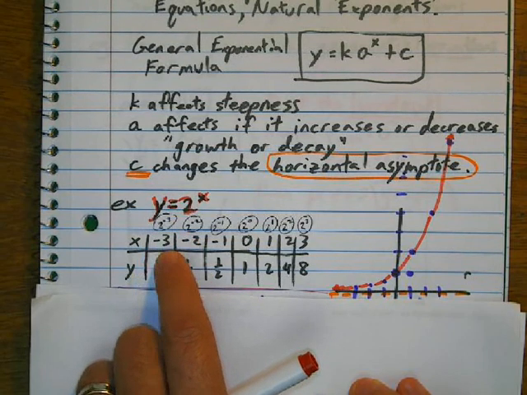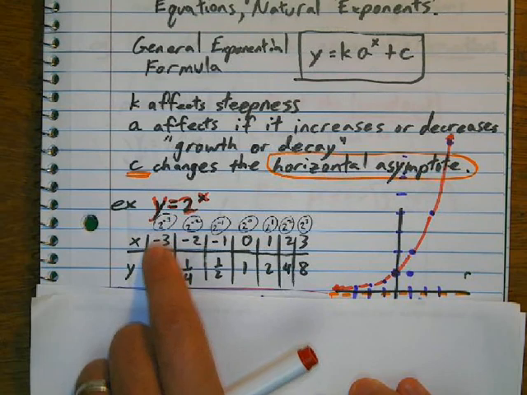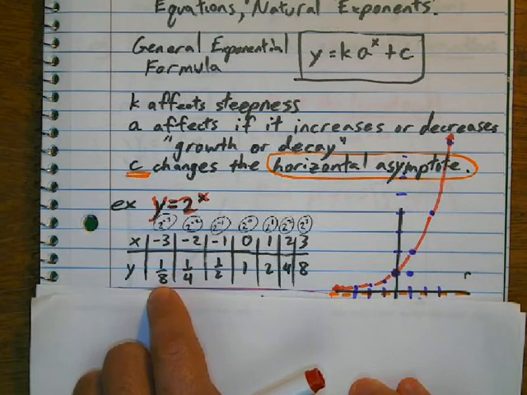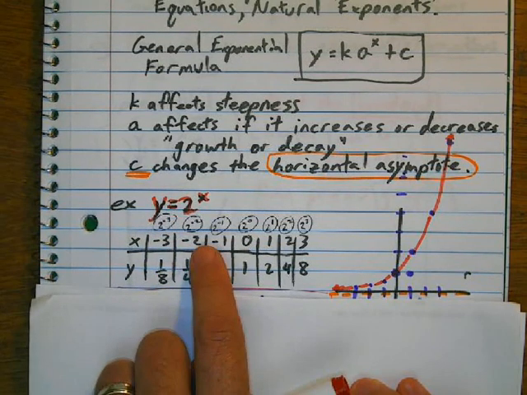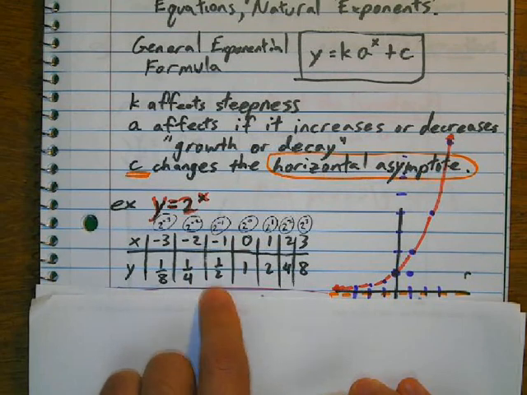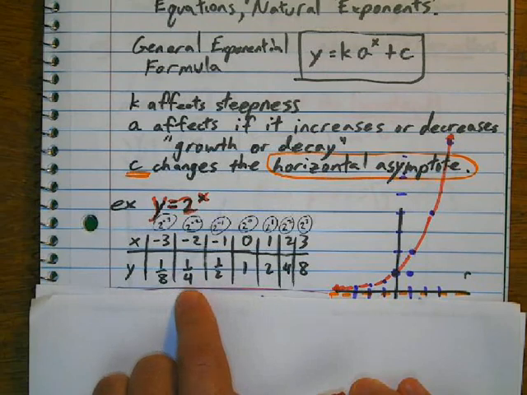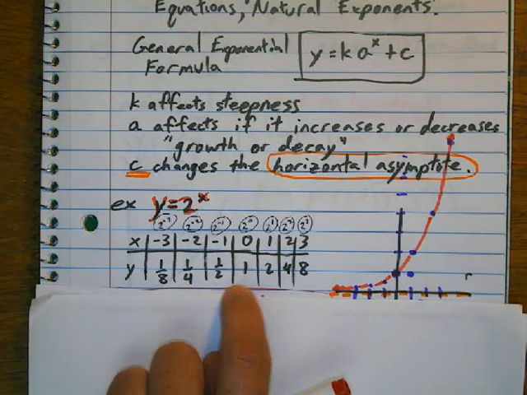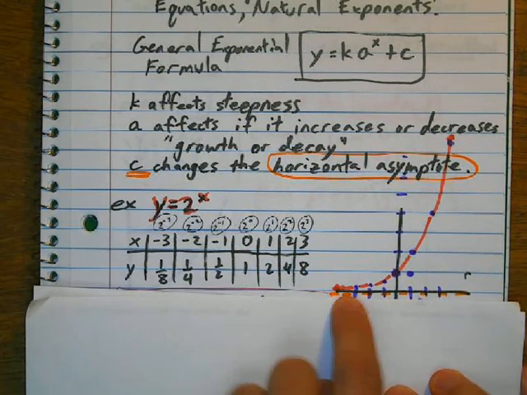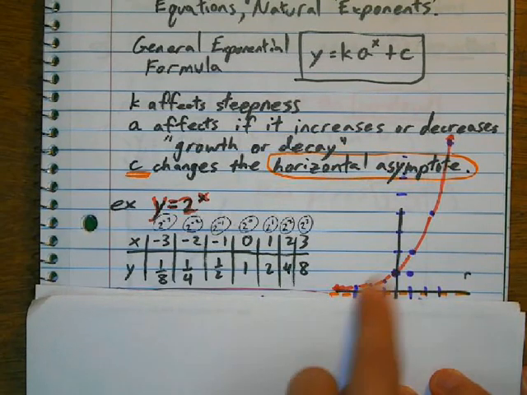Well, 2 to the negative 3 power is 1 over 2 cubed, which is 1/8. 2 to the negative 1 power is 1/2. 2 to the negative 2 power is 1 over 2 squared, which is 1/4. These are the values, and if I plot them, I'm going to get an exponential function.